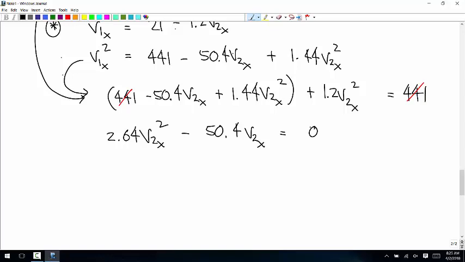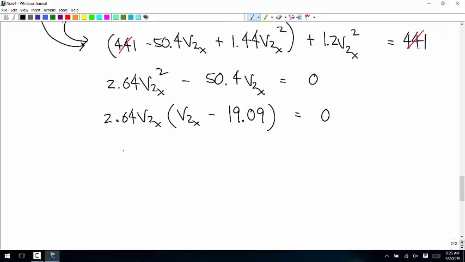So you can factor 2.64 v2x times the quantity v2x minus, what's 50.4 divided by 2.64? 19.09, equals 0.